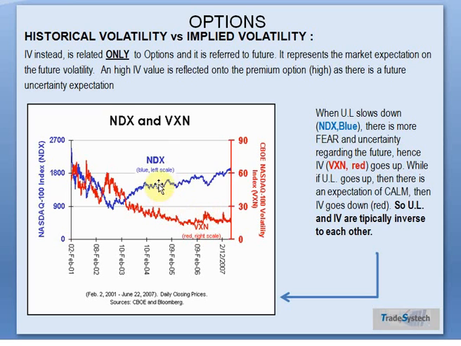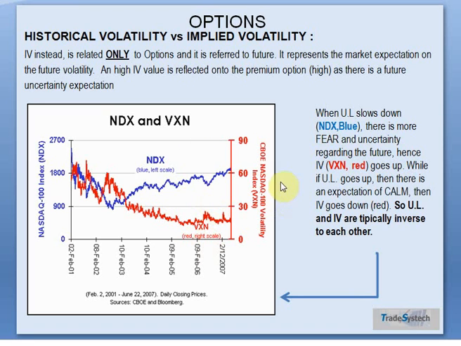Typically, the underlying and implied volatility are inverse to each other. So if the underlying goes up, then the implied volatility goes down, and vice versa.